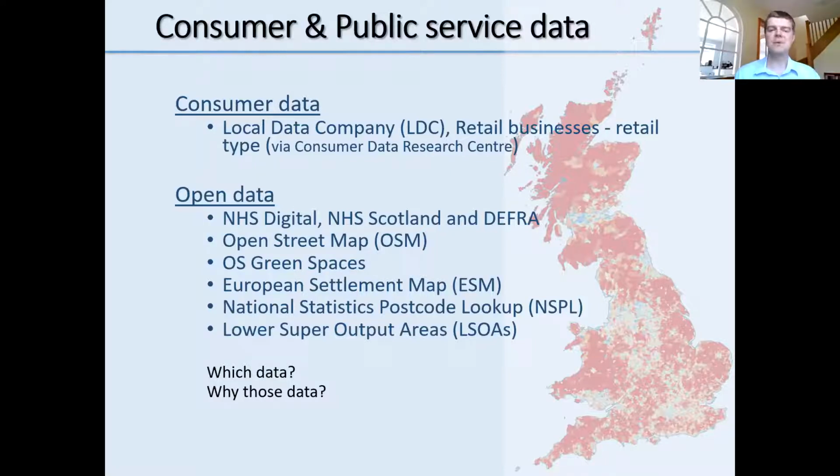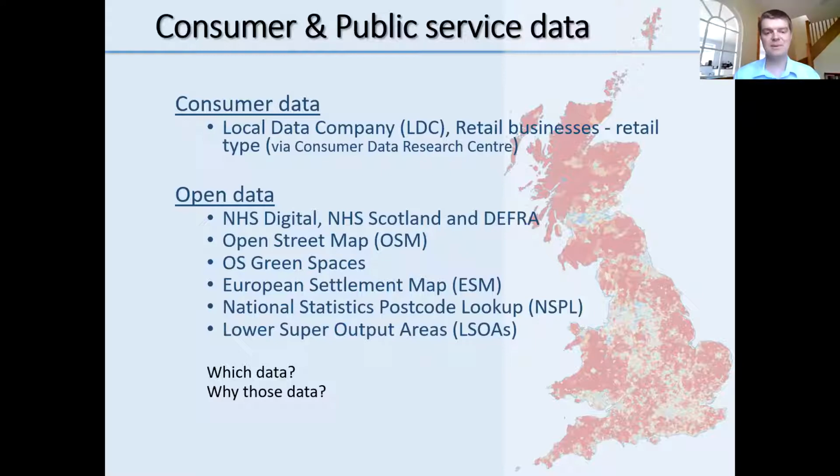A lot of the health-related data was from NHS Digital and NHS Scotland, for example hospital locations and GP locations. OpenStreetMap we use quite heavily in the routing element, the Routino section, which we'll get to in a bit. And we use data from Open Ordnance Survey, Open Data Green Spaces, and the European Settlement Maps for population information.